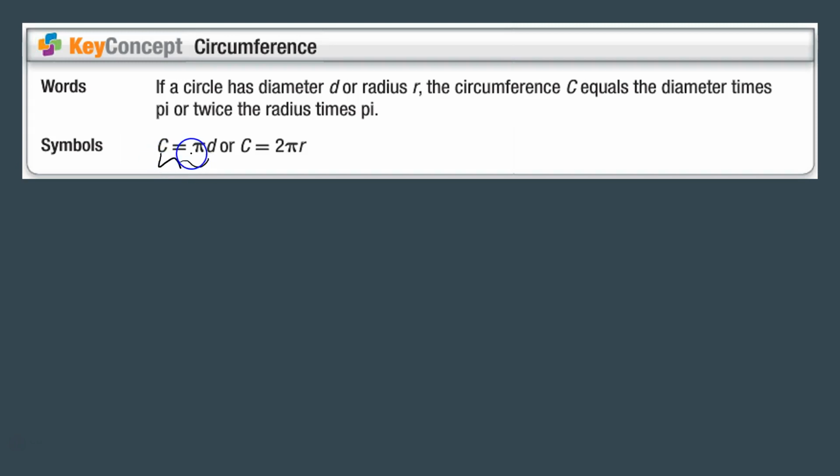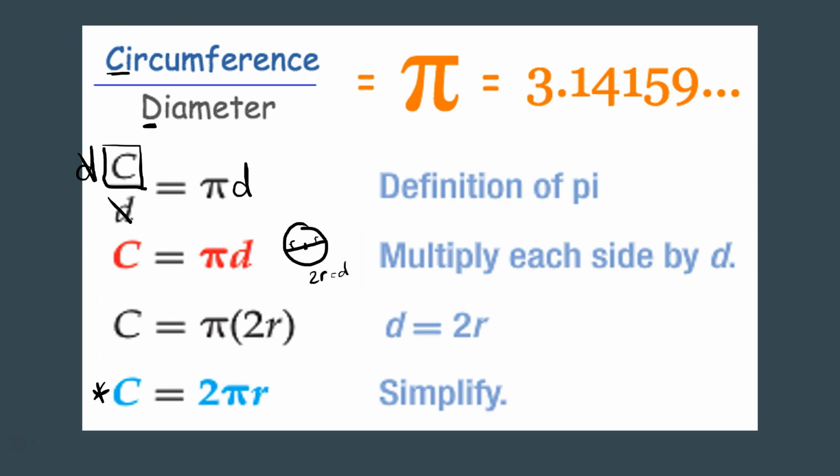C is equal to pi times d, d being the diameter, and C is also equal to 2 times pi r, r being the radius. These both can be used. It just depends what kind of information you have. And you can see from our previous slide here that you can always do this yourself in case you forget what the formula is.